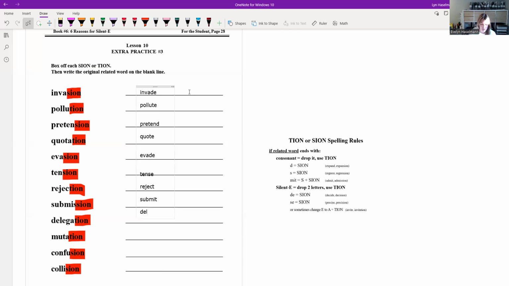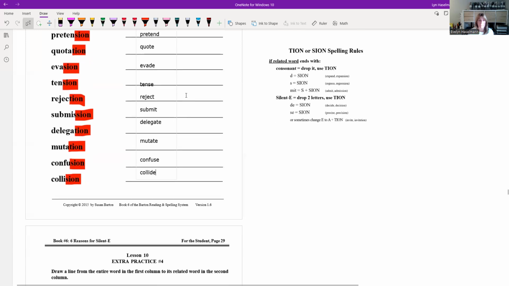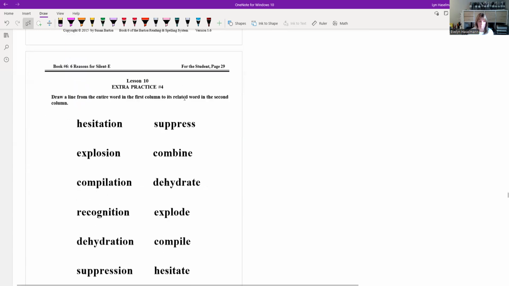Delegate, mutate, confuse, and collide. So this is another part where you can make sure that your student is understanding the related vocabulary, what these words mean, how they're related to each other, that kind of thing.